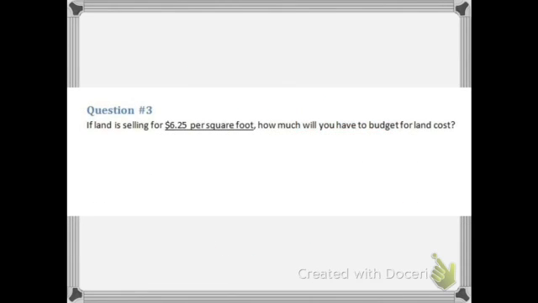So question 3, there's 4,800 square feet in the lot. It's selling at $6.25 per square foot. I hope I've left myself enough room here. I'll have to write a little smaller. 5 times 0 is 0. 5 times 0 is 0. 5 times 8 is 40, so I carry the 4. 5 times 4 is 20, so that's 24.